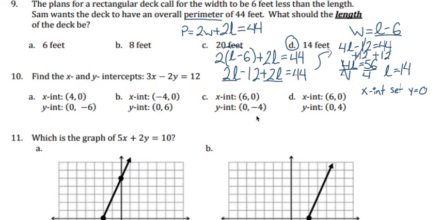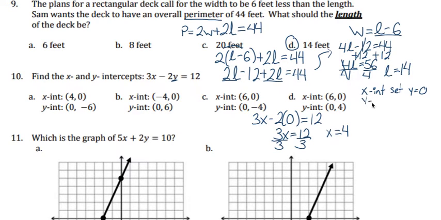So let's try that. 3x minus 2 times, instead of y, we're going to plug in 0 because we're looking for the x-intercept, equals 12. Negative 2 times 0 is 0. 3x minus 0 will be 3x equals 12. To get x by itself, we're going to divide each side by 3. And we'll get that x equals 4.